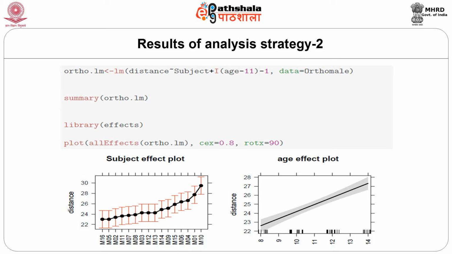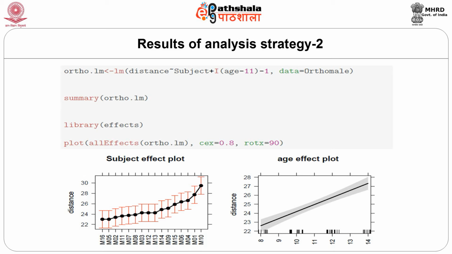There are 16 parameters for the intercept because there are 16 subjects here, and the plot shows the confidence interval of the 16 parameters for each of the subjects, and here is the effect of age.